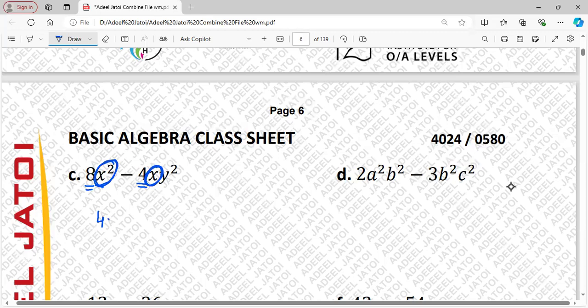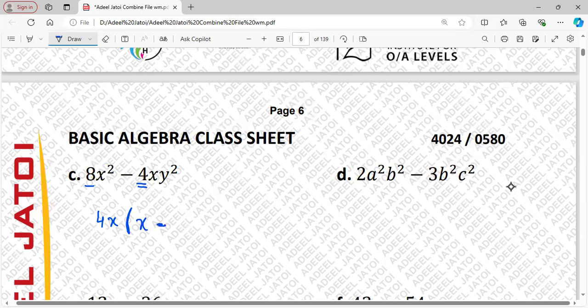That means your x will be common. And obviously you can't take y as common here. So what will you be left with? 4x square, and you see that 4x is common, so you're left with x, right?